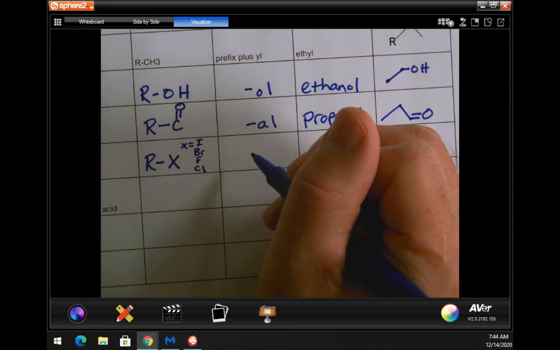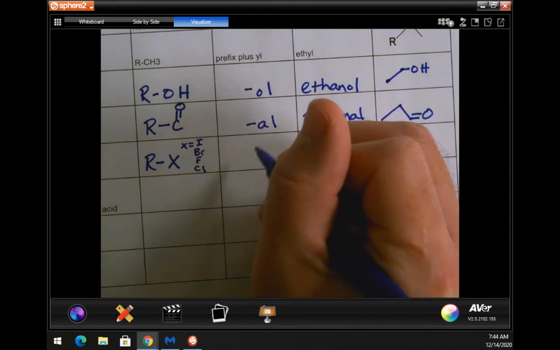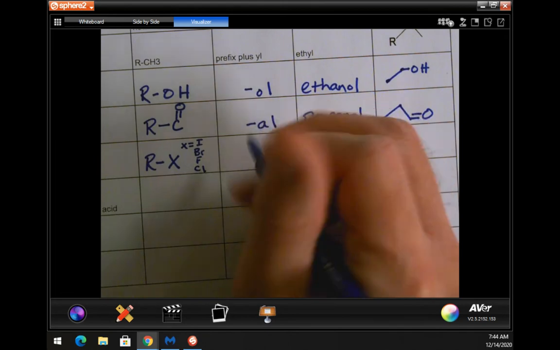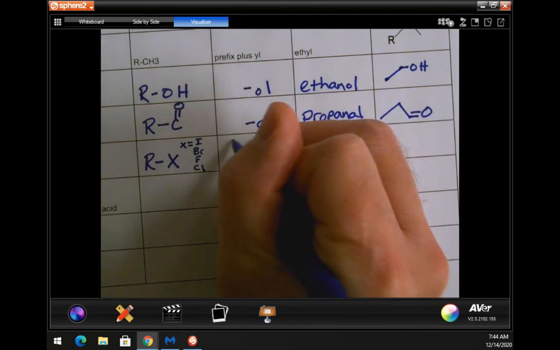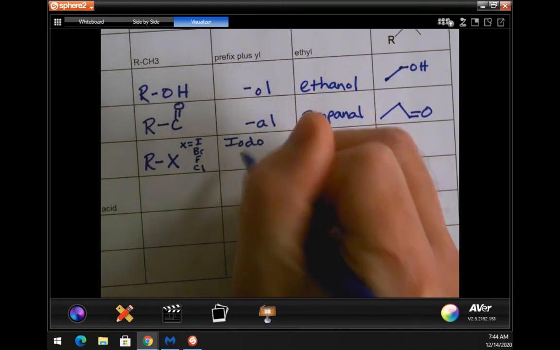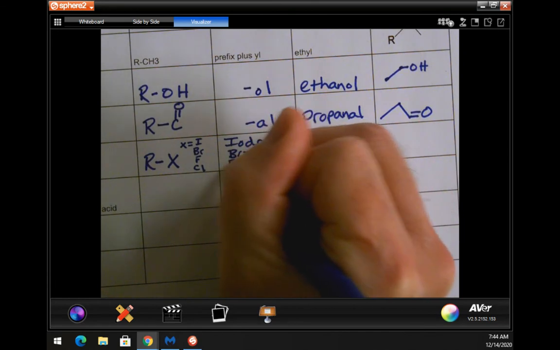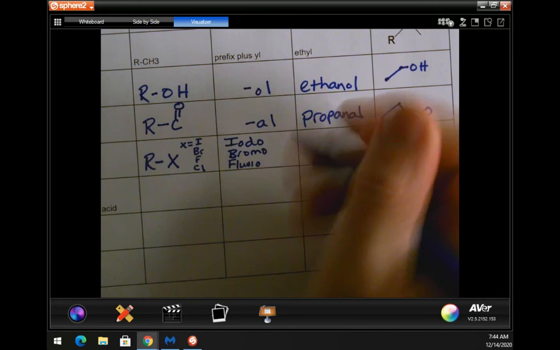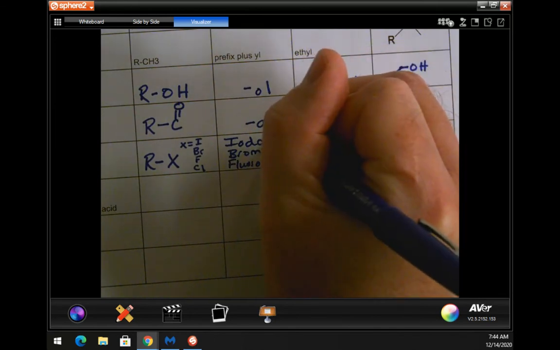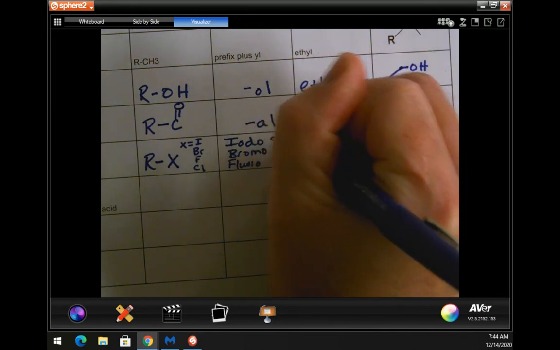The naming is usually, and I'll go ahead and write these out, iodo, bromo, fluoro, and I ran out of room, chloro. I wrote too big.